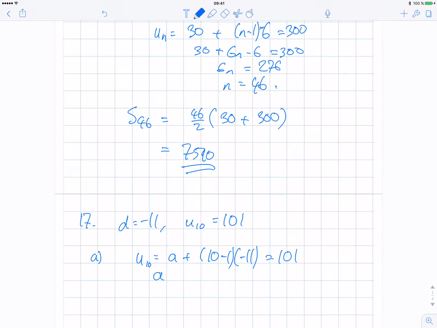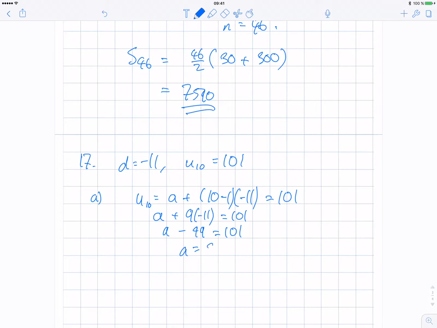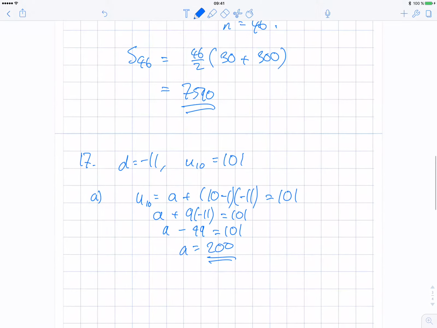So we have a plus 9 times minus 11 is equal to 101. So A minus 11 times 9 is minus 99. So I have A is equal to 200.